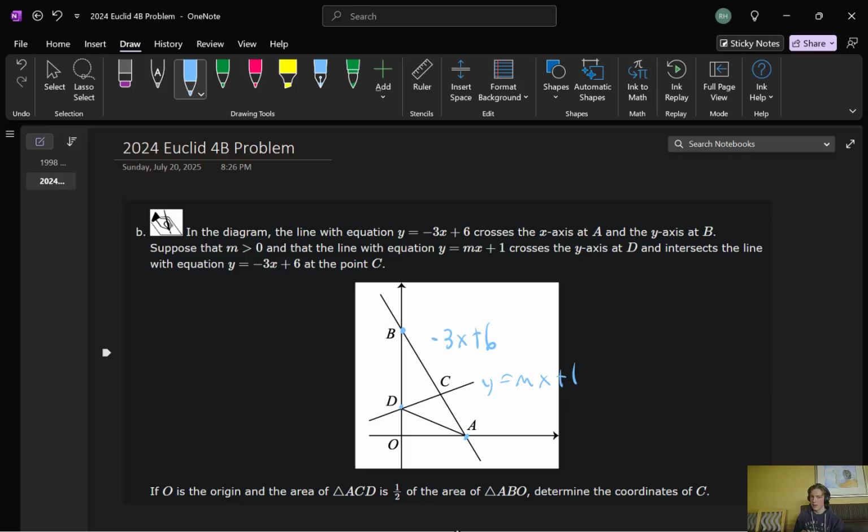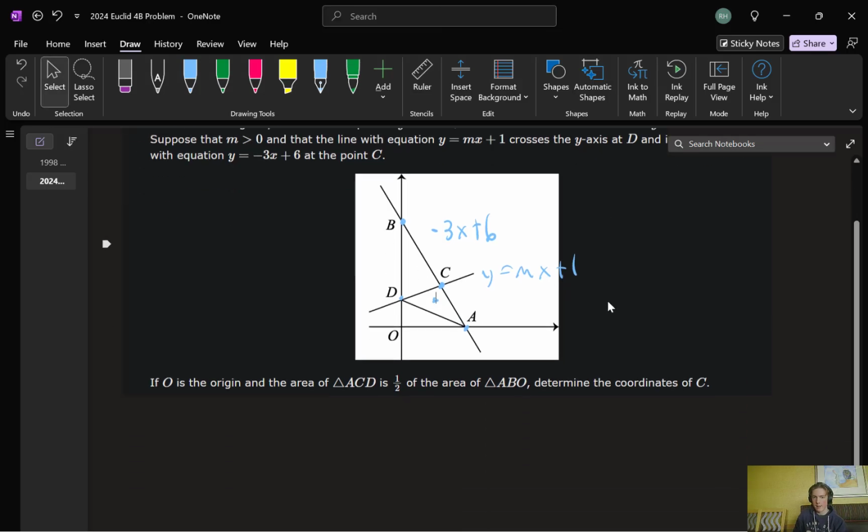And it intersects the line with the equation y equals negative 3x plus 6 at the point C. So they intersect right here. And if O is origin and the area of ACD is 1/2 the area of ABO, so this triangle in here is half the area of this whole entire triangle ABO, then we have to determine the coordinates of C. So we're trying to find what this is.